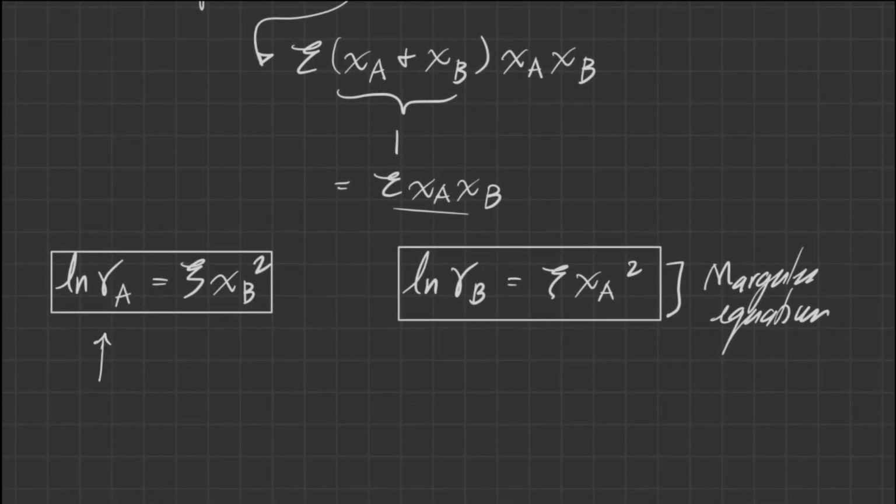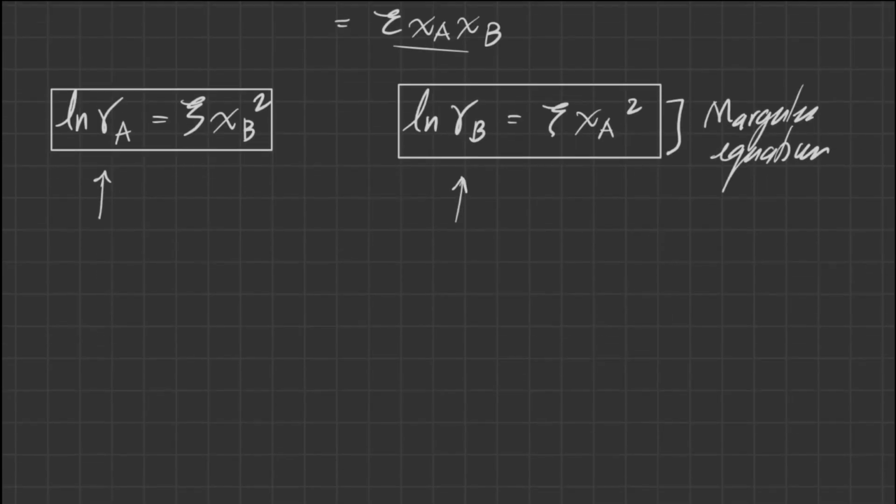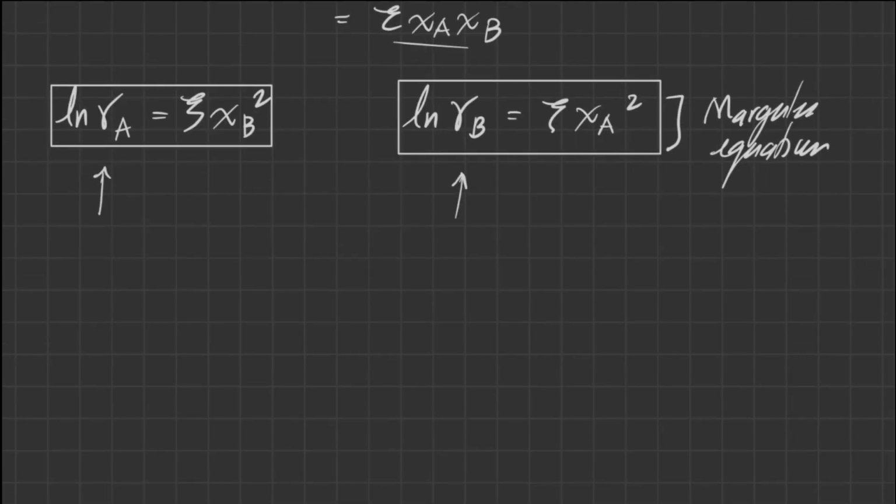So that would be this gamma term. If you want to go a step further, you can raise it to the power of e, and then you get the activity coefficient of A is equal to e to the xi xB squared. Or if you know that the mole fraction of B is equal to 1 minus the mole fraction of A, you can even get it to e to the power of xi multiplied by (1 minus xA) squared.